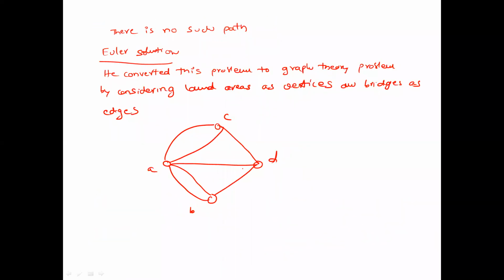So nothing great he did. Simply he converted the real-time problem into a graph theory problem by considering all these land areas as vertices and the bridges as edges. Now instead of talking in terms of land areas and bridges, the puzzle is starting from any vertex, crossing all the edges exactly once, and can you reach the same vertex or not?